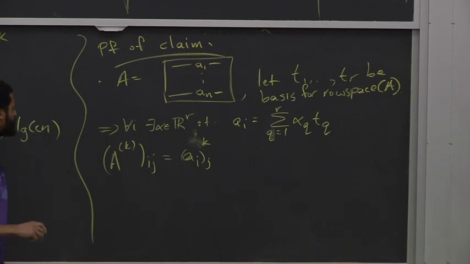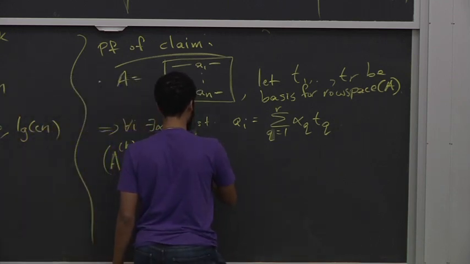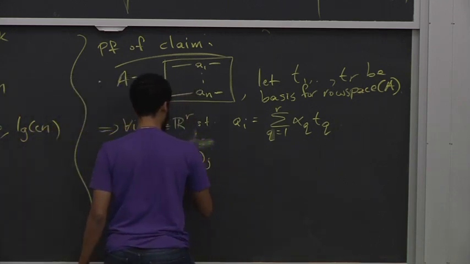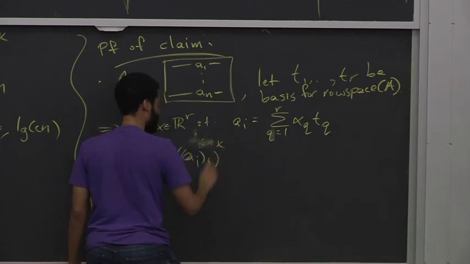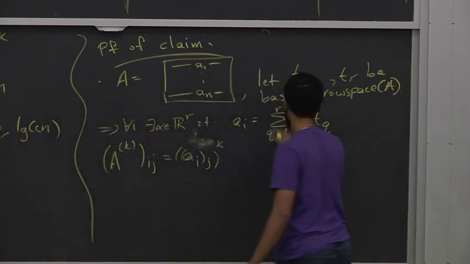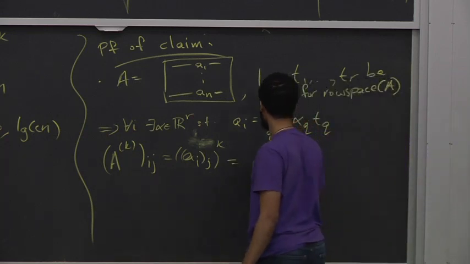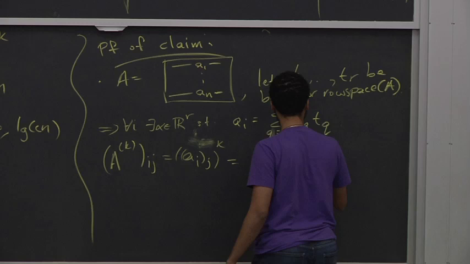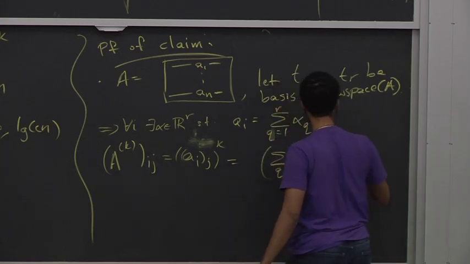Wait, let me make sure this is parsable. So take the vector a_i, look at its jth entry, raise that to the k. Which means take the jth entry of this vector and raise that to the k. So this is equal to the sum over q of alpha_q t_q(j), raised to the kth power.